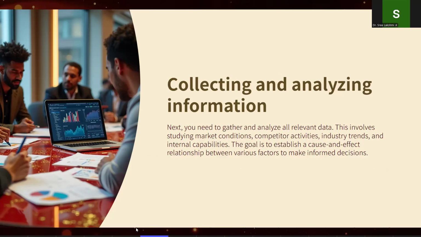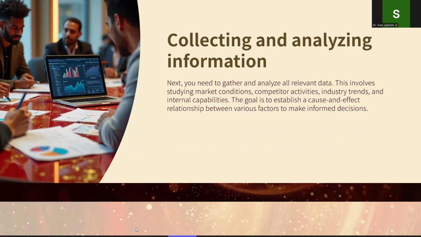The goal in this step is to establish a cause and effect relationship between various factors in order to make clear and informed decisions. So this is about the second step of collecting and analyzing information.